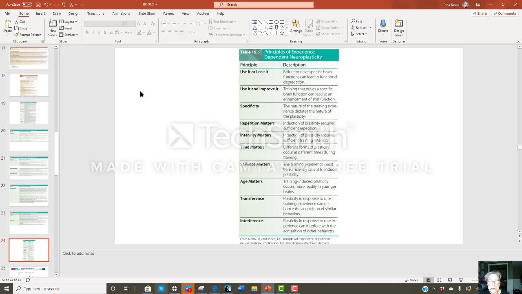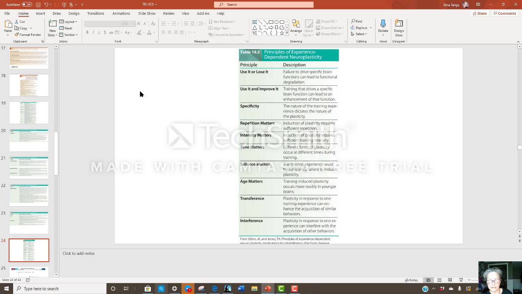Transference. Plasticity in response to one training experience can enhance the acquisition of similar behaviors. Interference. Plasticity in response to one experience can interfere with the acquisition of other behaviors.